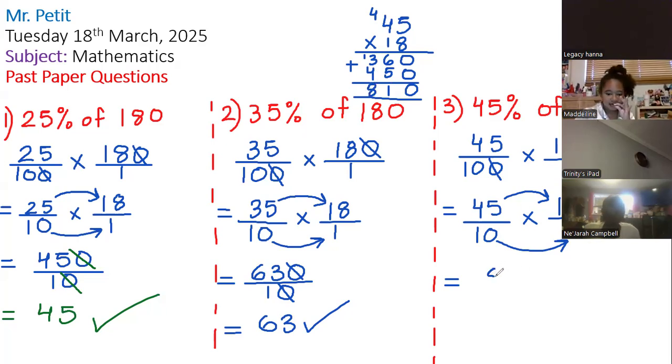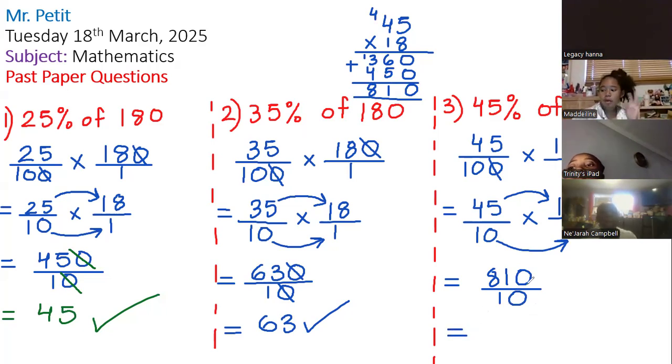So it's going to be 810 over 10. Very good. And Daniela, once we have 810 over 10, what are we going to do?